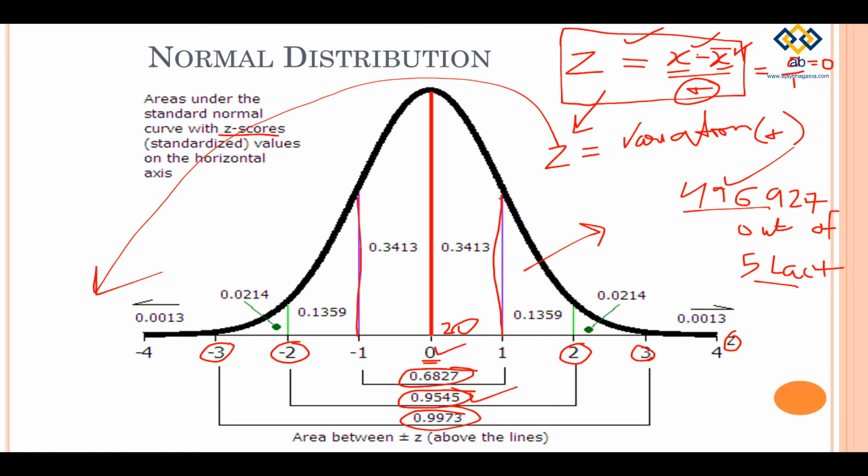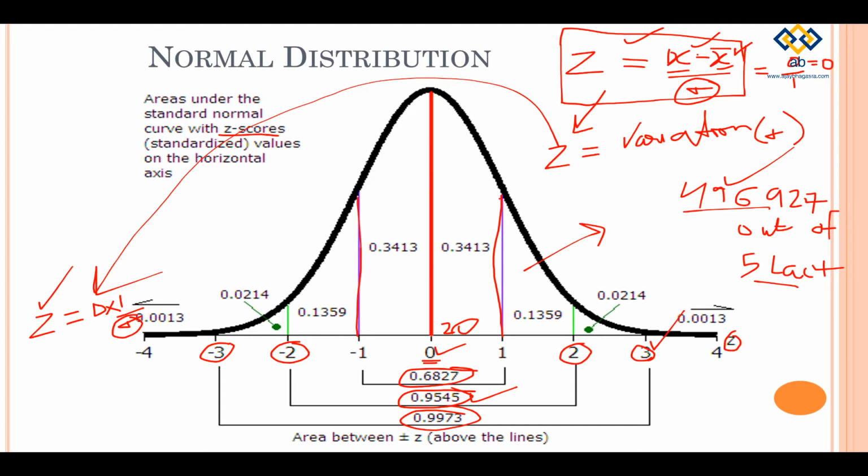So you can write z as difference, which is d, because this d is x minus x bar, multiplied by 1 divided by sigma. So how many standard deviations away you are from the actual mean is nothing but z. So when you say z value as 3, that means you are 3 standard deviations away from the mean, right? 3 standard deviations away from the mean.